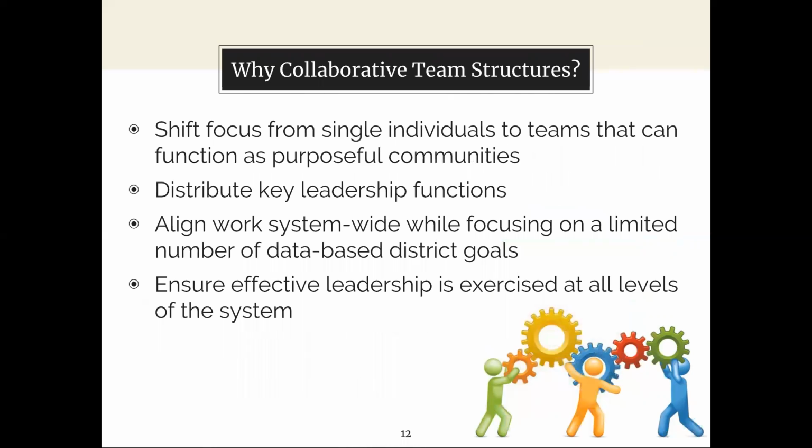Why are collaborative team structures necessary? Well, they allow a district to shift focus from single individuals to teams that can function as purposeful communities, distribute key leadership functions. They align work system-wide while focusing on a limited number of data-based district goals, and ensure effective leadership is exercised at all levels of the system.